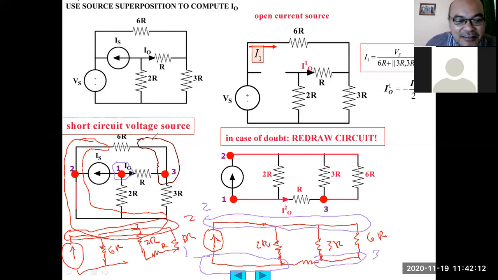This 6R is node 3. Now we find this becomes node 1, and it should be connected with the bottom part of the current source. The bottom part of 6R is not connected. This one should be connected then to node 3.